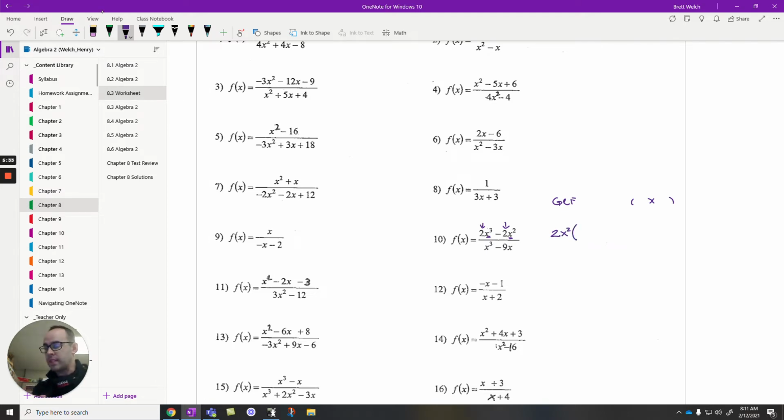And I'd have to say, what's left behind? Well, 2x squared times x produces 2x cubed. Think about the foiling, or the distribution, right? And then 2x squared times a negative 1 would be the negative 2x squared. See, if I pull the 2x squared out, I have to leave something behind in each of those positions. That's called GCF factoring.